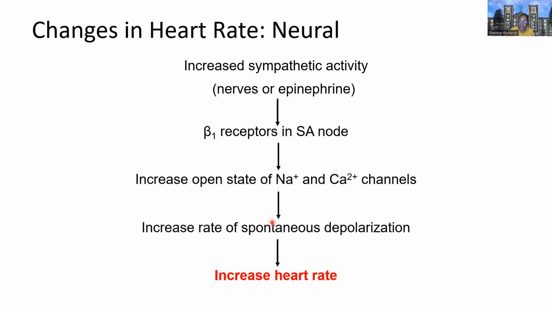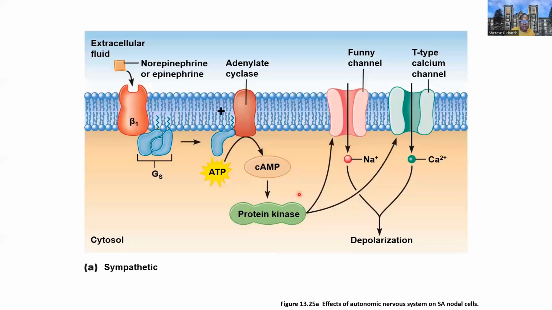That is, the spontaneous autorhythmic depolarization that we see is going to happen faster and more easily, and that is going to result in an increase in heart rate. All right, so this is how the neurons of the sympathetic system, those postganglionic neurons, by release of epinephrine and engaging our beta-1 receptors, results in a faster heart rate.